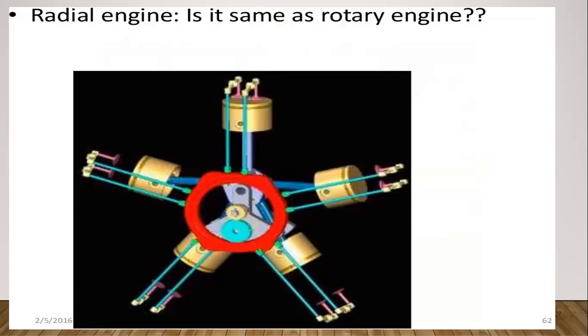So we can see an animation video of the rotary internal combustion engine.